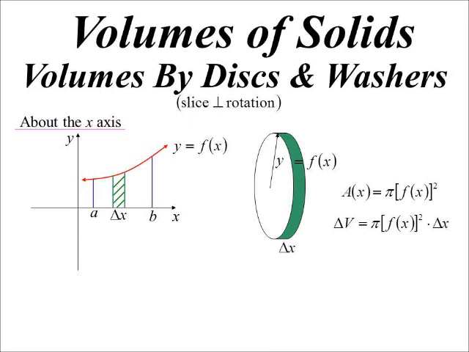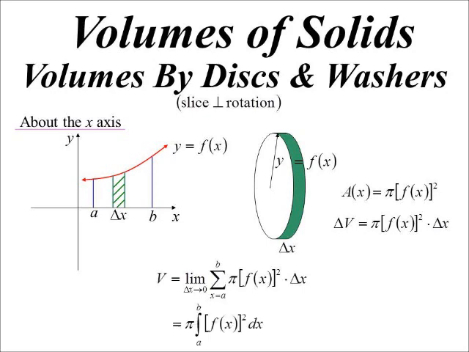And so the way it works is, of course, we're going to sum up, we're going to add all of these slices together. So we want the limit as that thickness is approaching 0, and we'll go from A to B of pi times function of x squared delta x. Now that becomes the integral, and we saw that back when we worked out the area formula, if you remember.